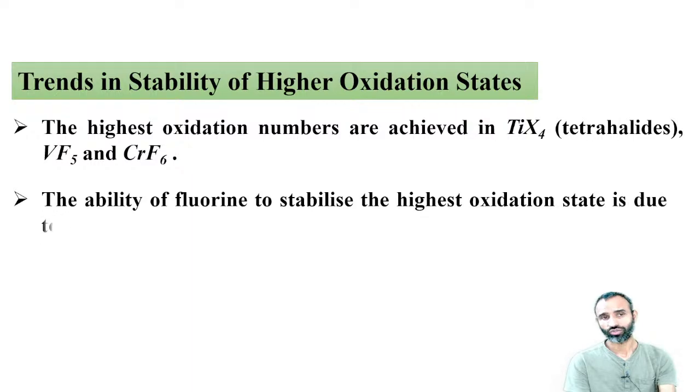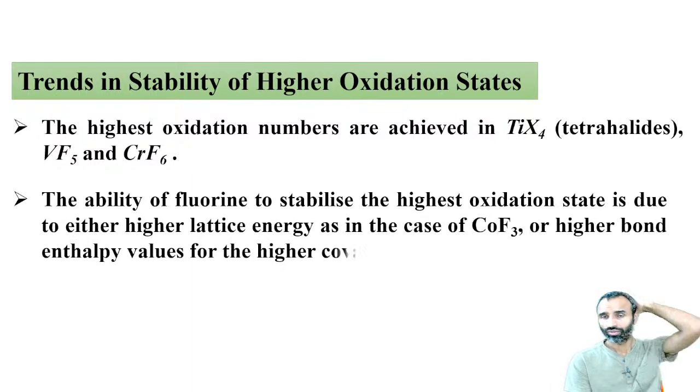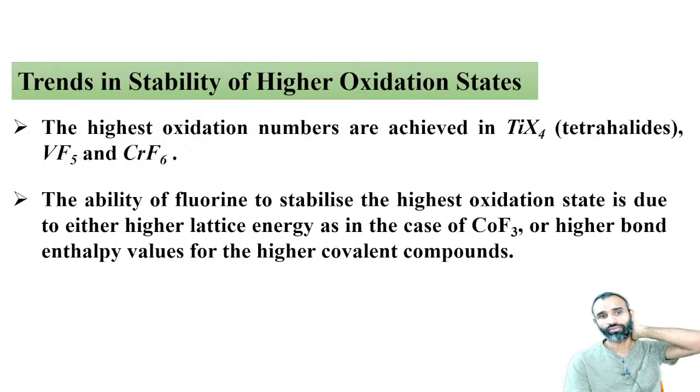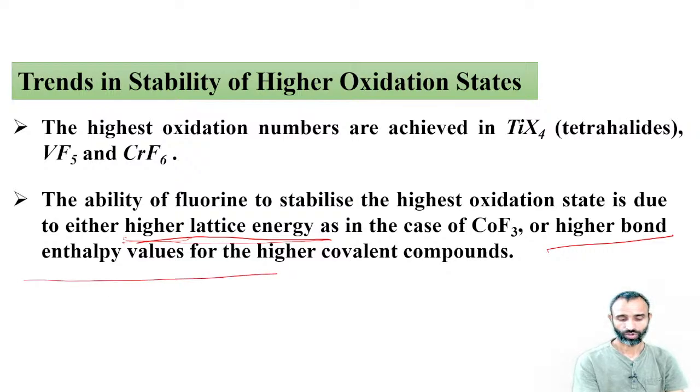So highest oxidation numbers are achieved in the halides, like VF5, CrF6. The ability of fluorine to stabilize highest oxidation state is due to either higher lattice enthalpy or high bond enthalpy.